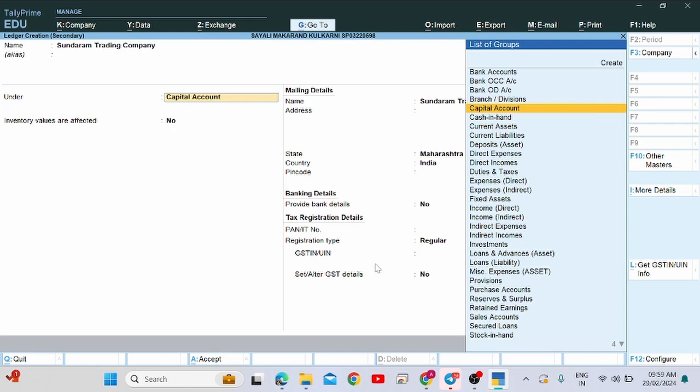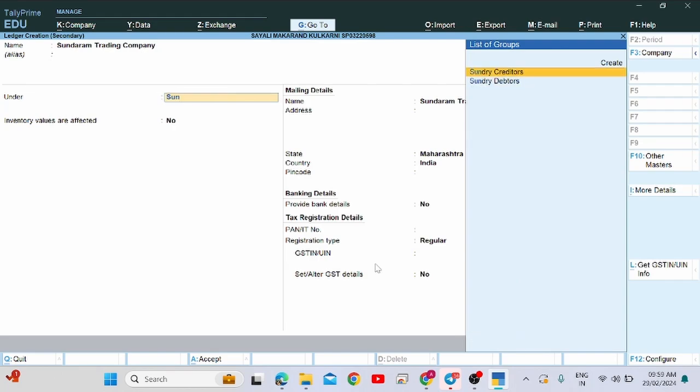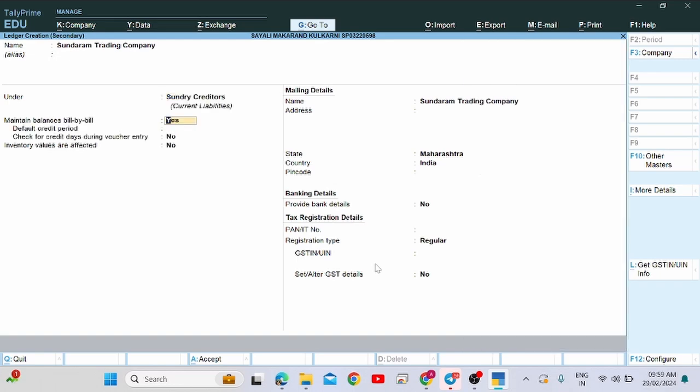And then you have purchased, therefore you should put this in the sundry creditors group. Whatever you have purchased, that party name you should put in the sundry creditors group, and whatever you have sold to a party, that party's name you should put in the sundry debtors group.